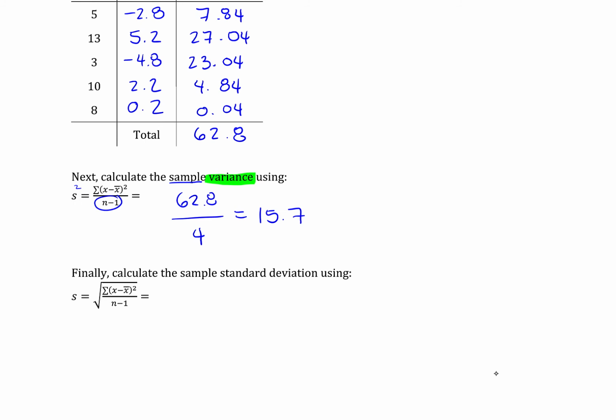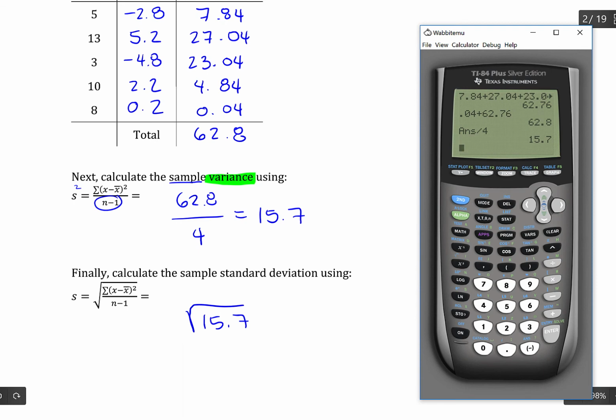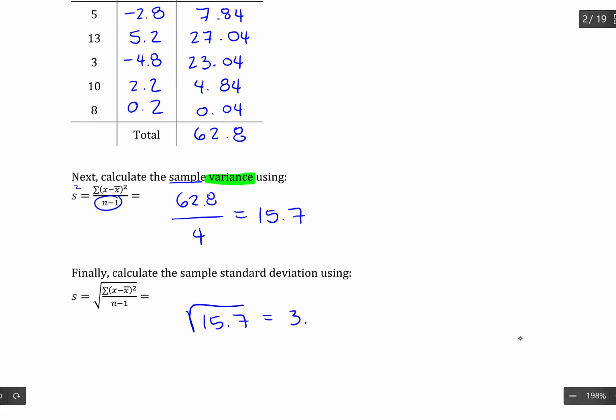So the standard deviation is the square root of 15.7, which is 3.96. I'm taking it to 2 decimal places by choice. Of course, follow any rounding instructions in the problem.